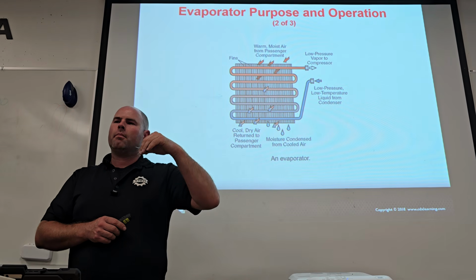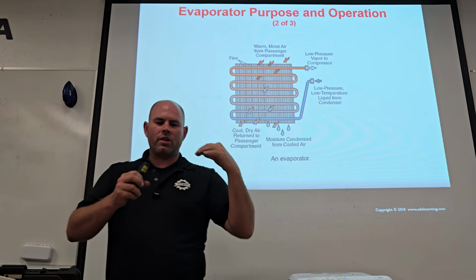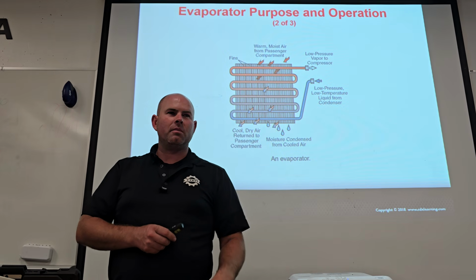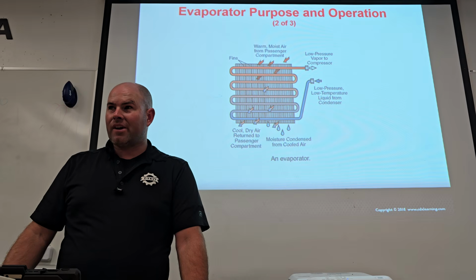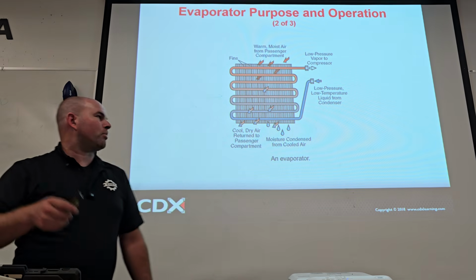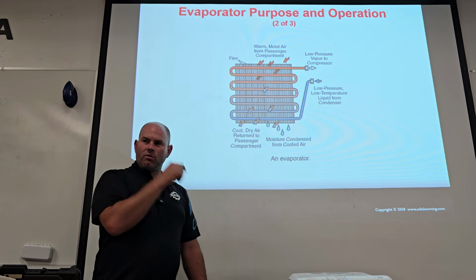You could heat it, but the other thing, if you think about it, what if you were to lower the pressure really low? Remember the whole boiling experiment? How could we increase the boiling point? Add pressure, right? What if you were to reduce the pressure? Lower boiling point. We make this pressure really low on purpose, so we purposely evaporate the refrigerant.